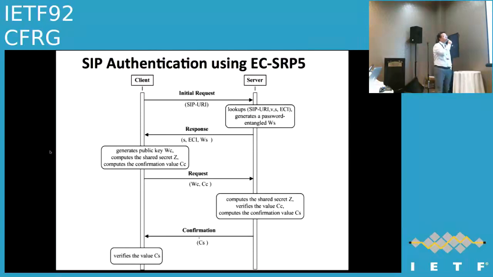The server uses the client's public key WC and its private key to compute the shared secret Z. After that, it verifies the value CC and computes the confirmation CS.